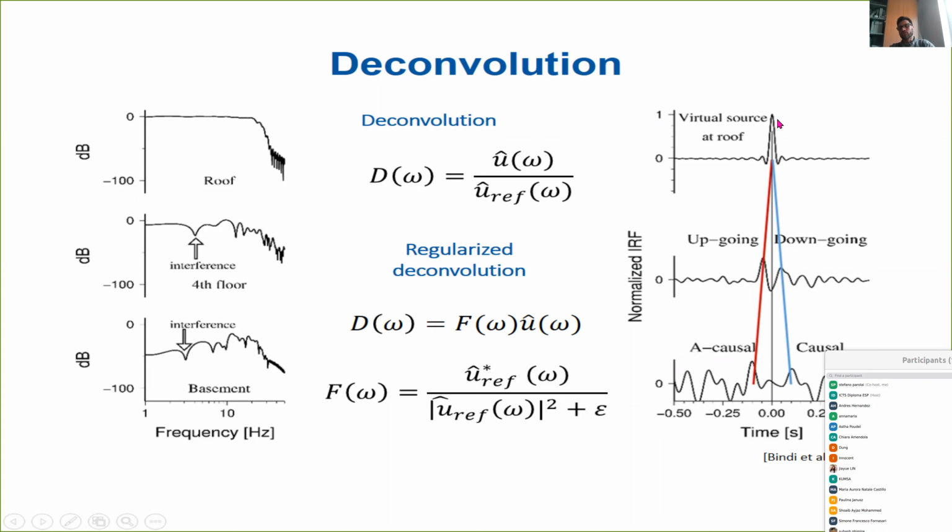Or you can see it like if you have a hammer on the roof and you are sending the signal down to the ground. In the spectra, here it is already indicated that downgoing waves, the waves that are propagating down, can create a negative interference at particular frequencies, and this negative interference is generating spectral holes in the recordings, exactly like we have seen, if you remember, for the Borel recordings.